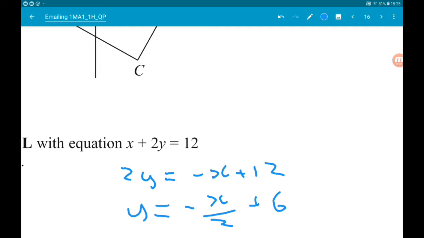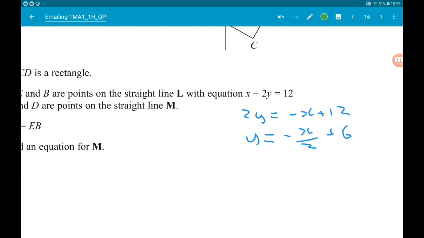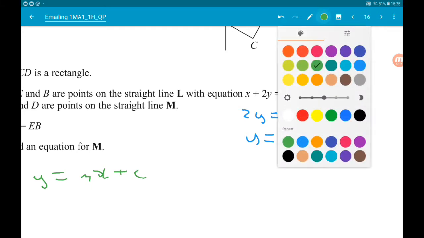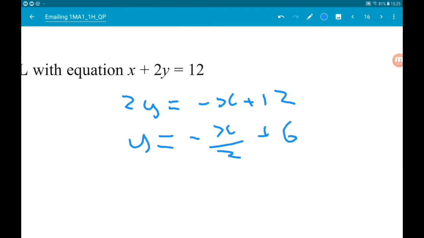Okay, so from that, remember the general equation of a straight line. Y is equal to mx add c. M is the gradient, c is the y-intercept. So the gradient of L, which I'm going to call M with an L, is minus 1/2.